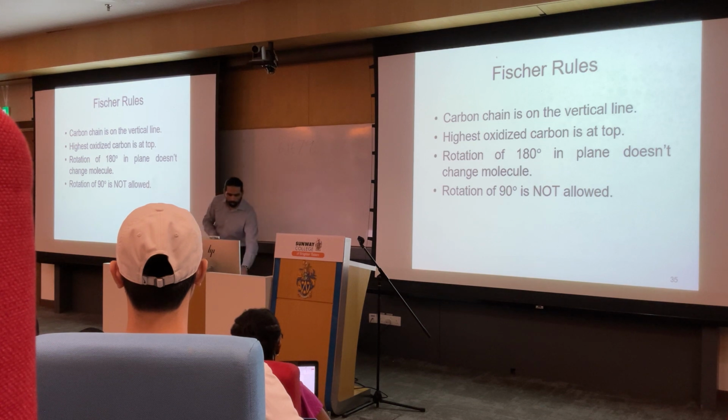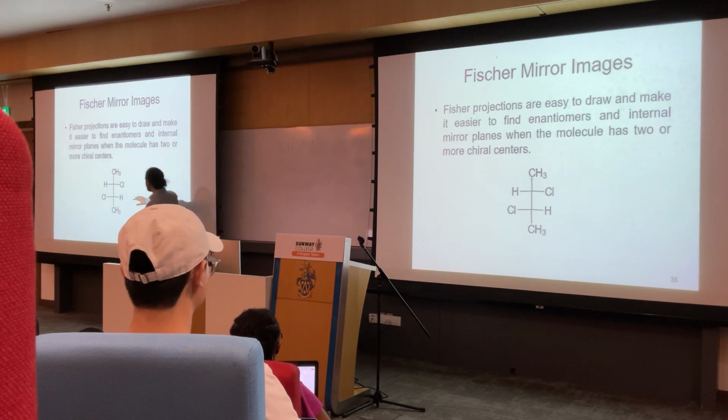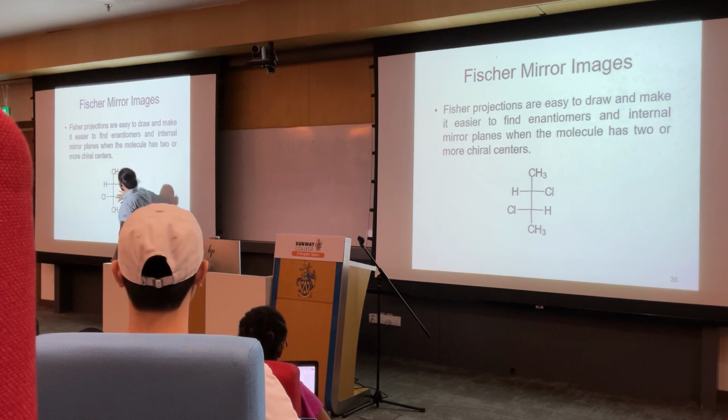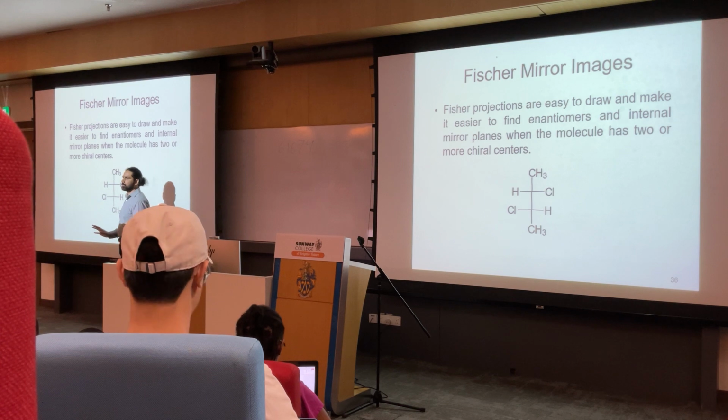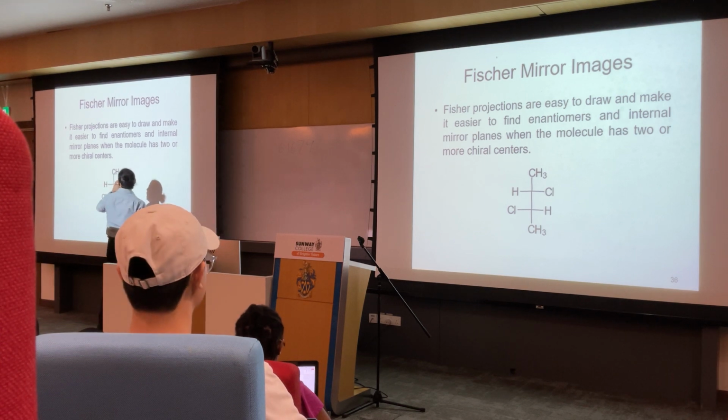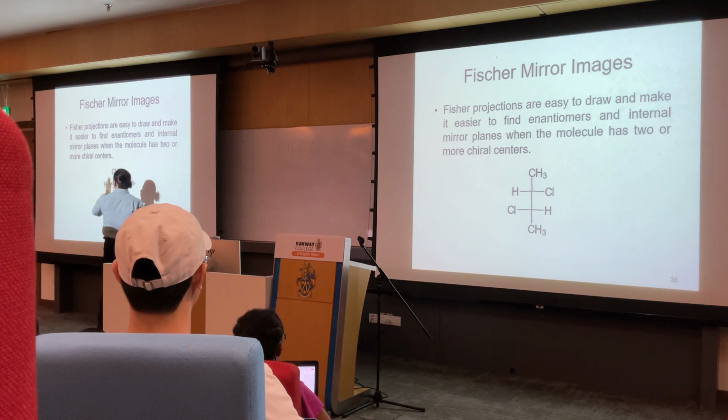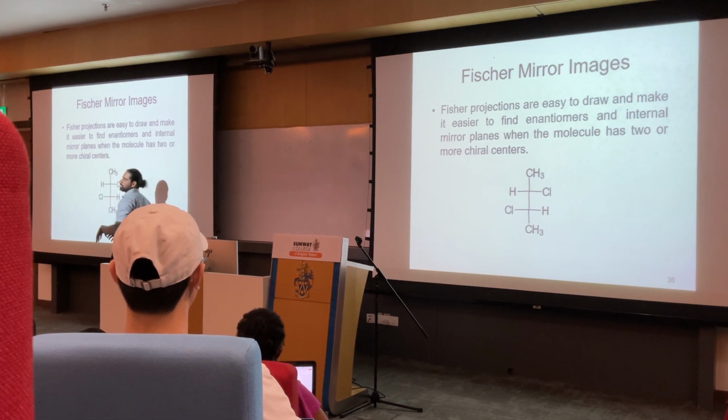Right? So what I am saying is, if this is the structure, it doesn't matter if you put this group down and this group up, that will not make any difference. Or you can put this group there, or this group there, or that group there. So 180 like this or like that will not make any difference.